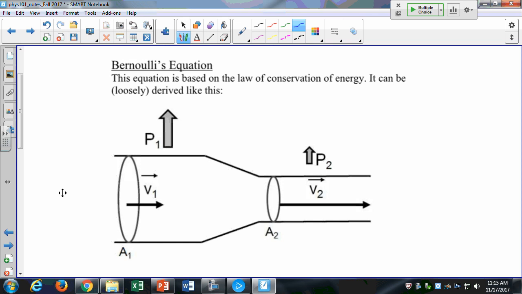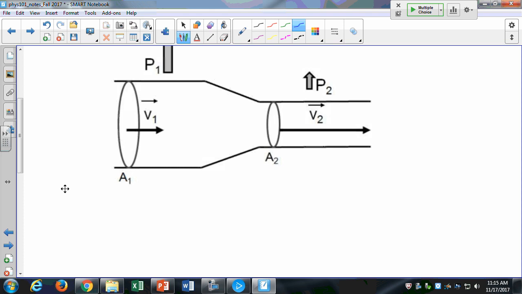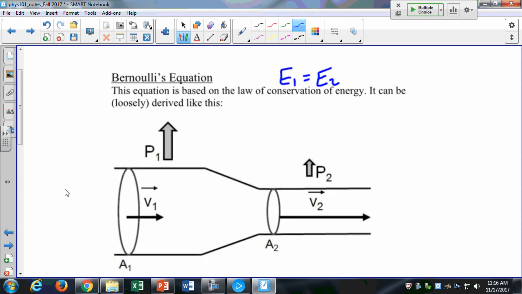Bernoulli's equation is based on the law of conservation of energy, which is something that we've seen, that the energy at one point is equal to the energy at another point, that the energy is always the same. And actually Bernoulli's equation is really the law of conservation of energy per volume. That in a certain volume of fluid, the energy always has to be the same.